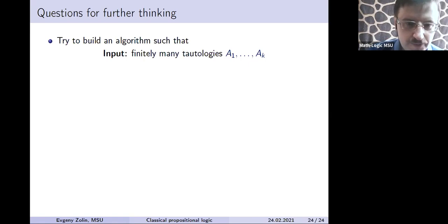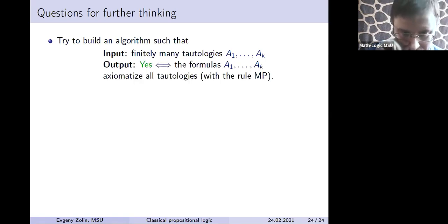So we are looking for the following algorithm. It takes finitely many tautologies, and it returns yes if and only if these formulas taken as axioms with the rule modus ponens are enough to axiomatize, to prove all tautologies. So can we build such an algorithm?